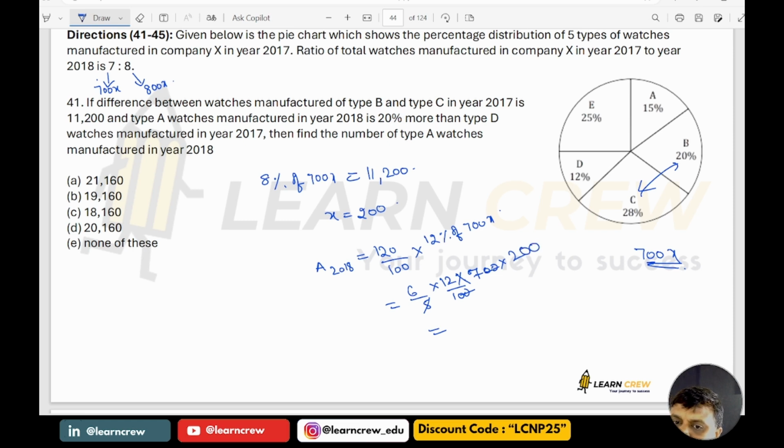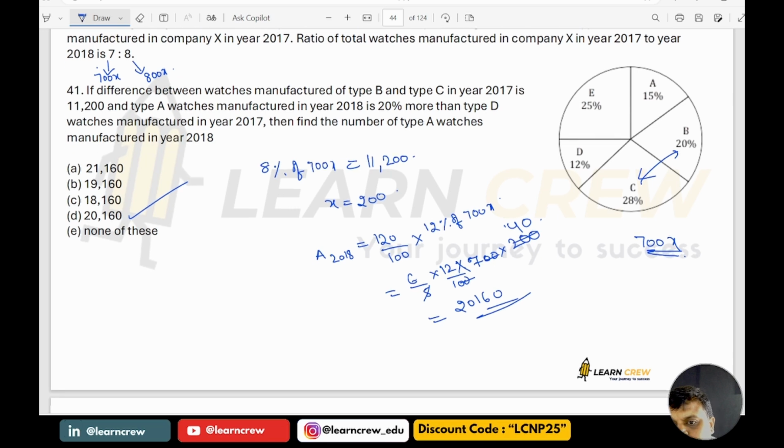So you will get 5 into 400 again, 5 into 40. Now if you simplify, 12 sevens are 84, 4 sixes are 24. So 84 into 24 is how much? 2016. So the answer is 2016.